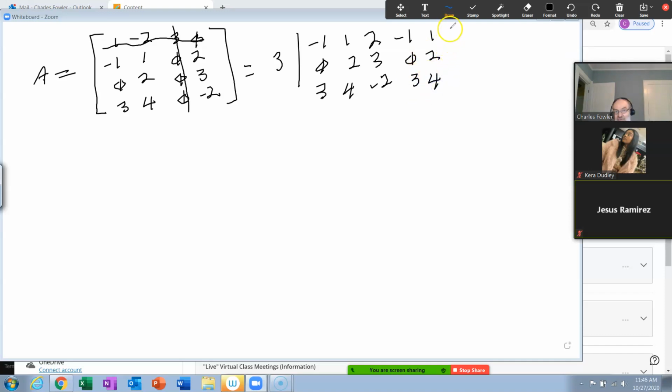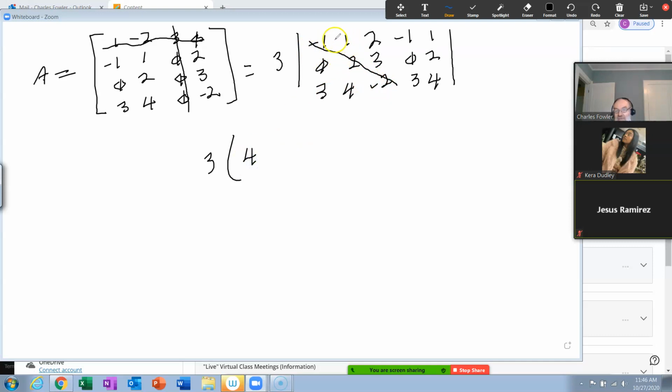Now I'm going to put the bar there as if we're doing a determinant. Obviously that's a rectangular matrix, not a square matrix, but you know what we're doing here. So this will be 3, don't forget the 3, times, and let's do the first down diagonal, multiply those together, that's positive 4.